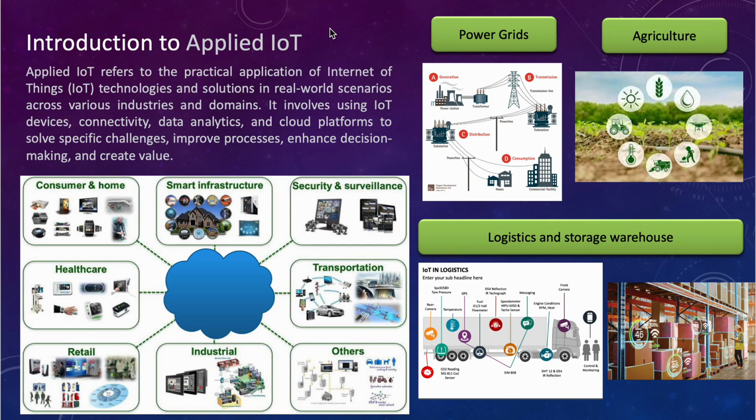Improving processes means enhancing the processes that are already there using legacy systems. Enhanced decision making would be data analytics. That means we will get real-time data out of IoT devices from the sensors, and that data will be used for decision making and to create value. Everything above, solving challenges or problems, improving processes, enhancing decision making, would create value to any industry, any society.